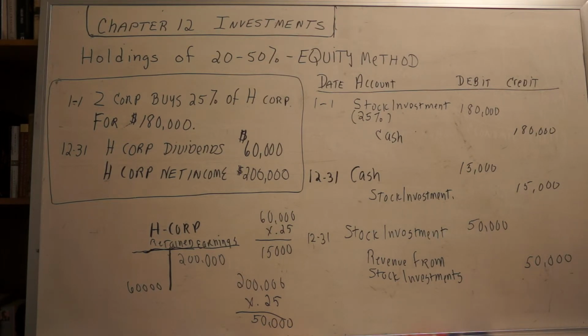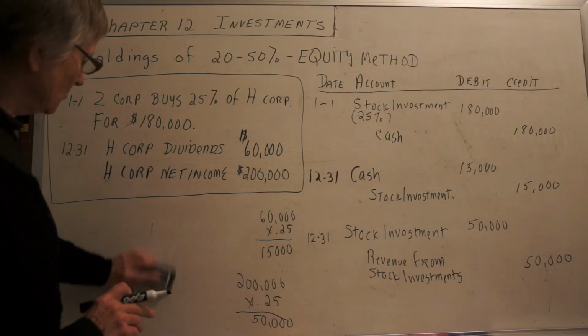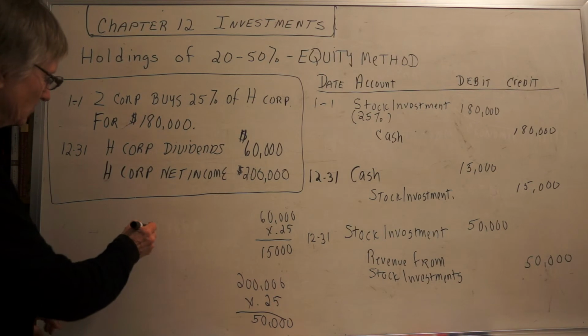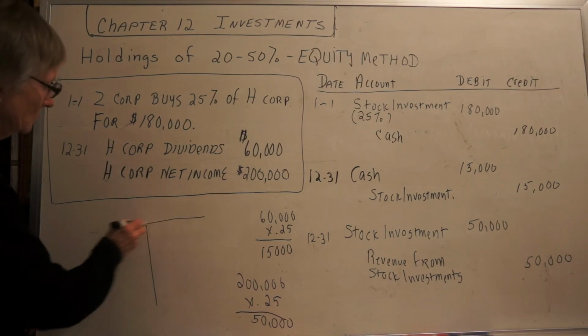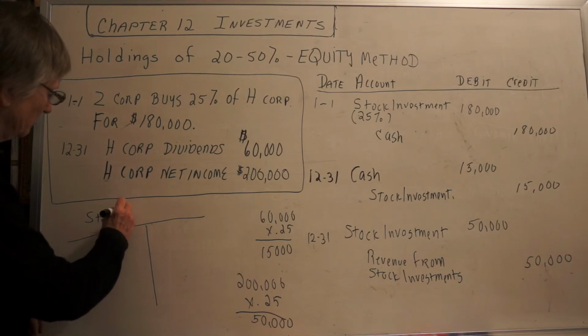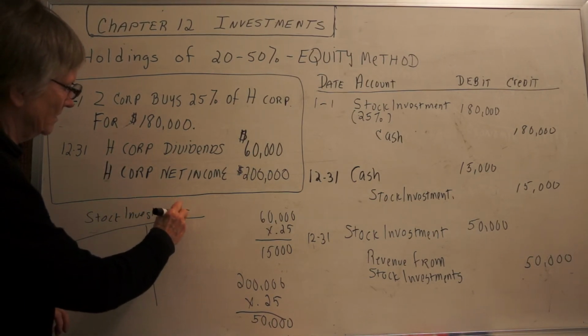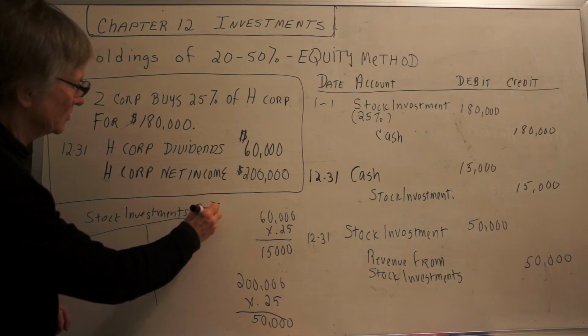So when we're valuing our investments that are at equity on our balance sheet, we would have here's our stock investments, and this is 25% ownership, so it's at equity.